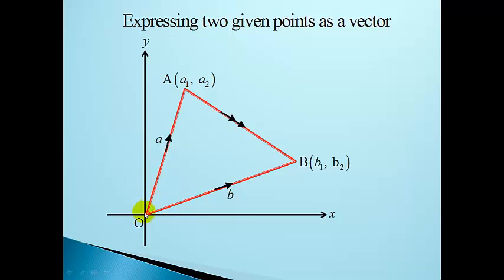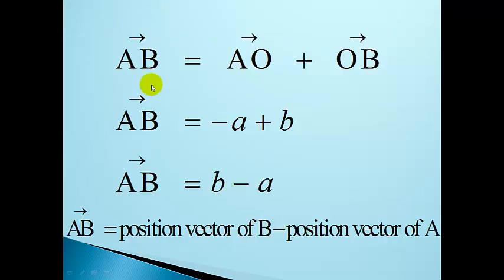And so AO equals minus A, but OB equals B. So from the diagram, we saw that vector AB is equal to AO plus OB. And AO is minus A, because that is opposite to the direction of the vector A, plus OB, that is B. Minus A plus B can also be written as B minus A.